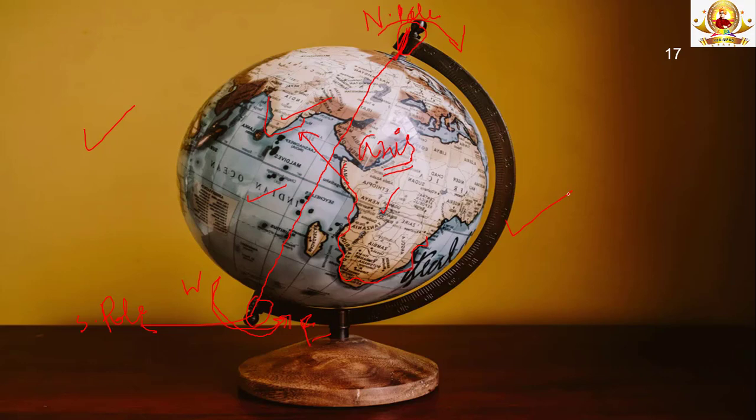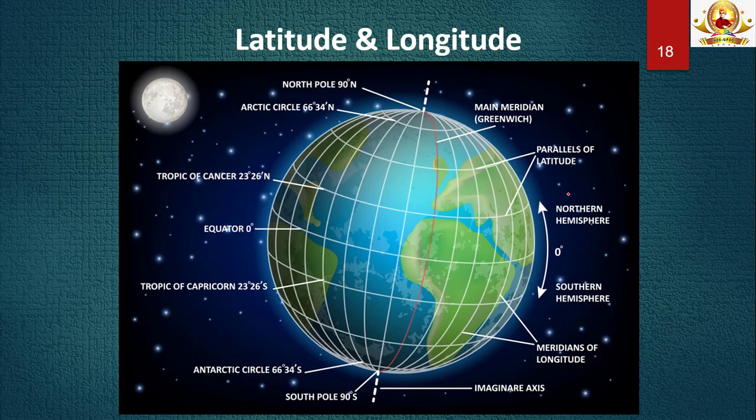Let's talk about other imaginary lines drawn for miniature Earth or globe for our understanding. This is not the only line drawn on Earth, there are other lines which are also drawn for our better understanding. The line passing through the center of the Earth horizontally. See, we know this is horizontal and this is vertical.